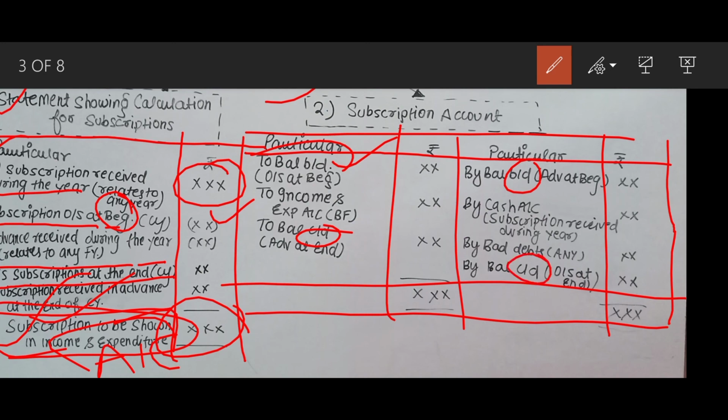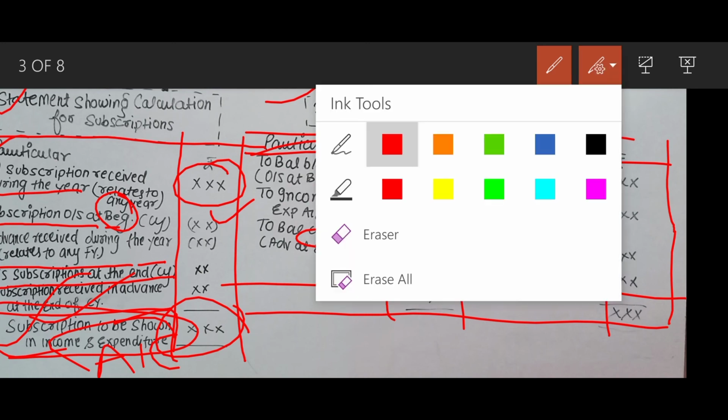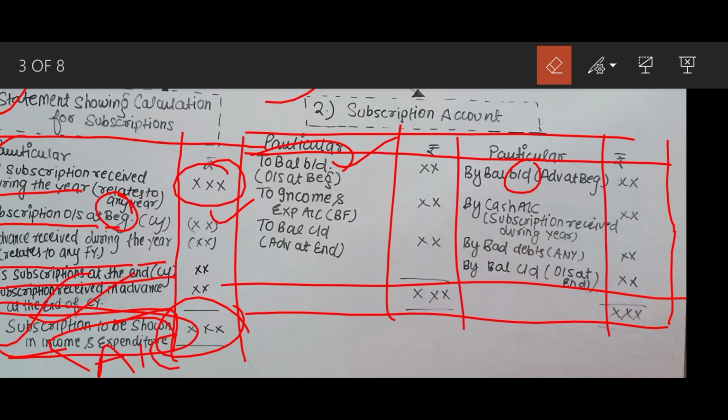You might say it is wrong, that in one account there cannot be two brought down balances, but it is possible in NPOs. Anything is possible in NPOs.